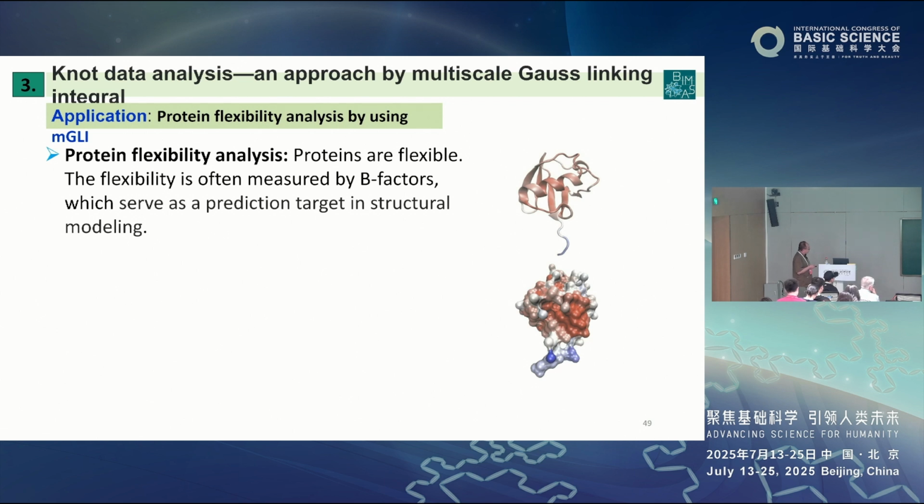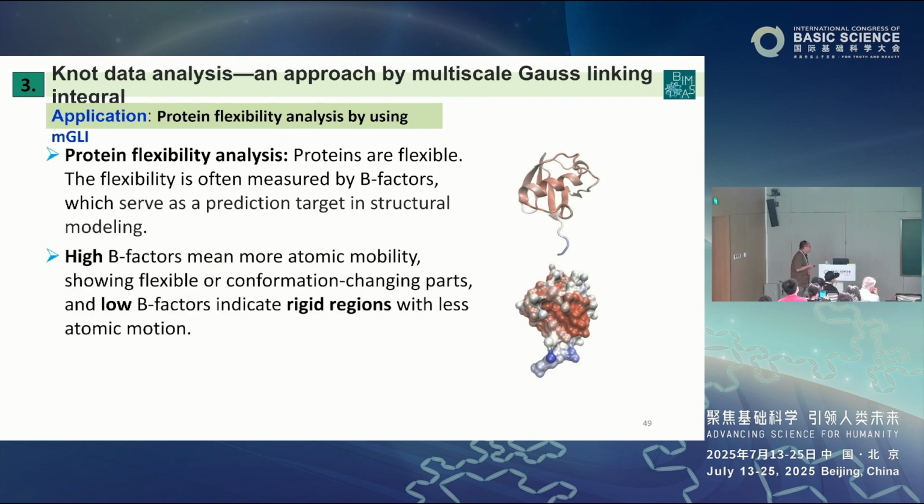So next we see an application, protein flexibility analysis by using MGLI. Proteins are flexible. The flexibility is often measured by so-called B factors, which serve as a prediction target in structural modeling.